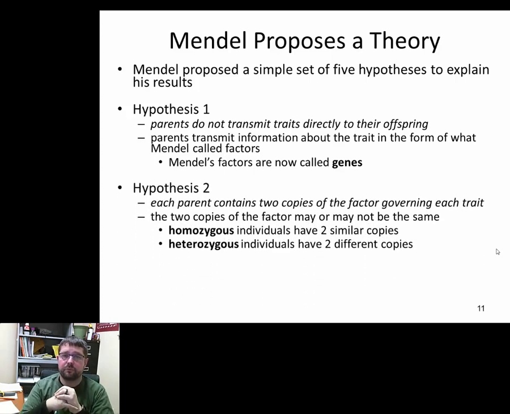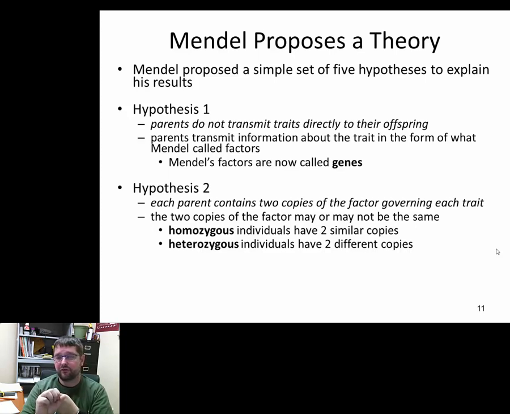Hypothesis 2 was that each parent contains 2 copies of the factor governing each trait. Now, in this case, that was true for Mendel because he selected what we call a diploid organism, an organism that has 2 copies of every chromosome, 1 copy from the mother line and 1 copy from the father line. Okay?